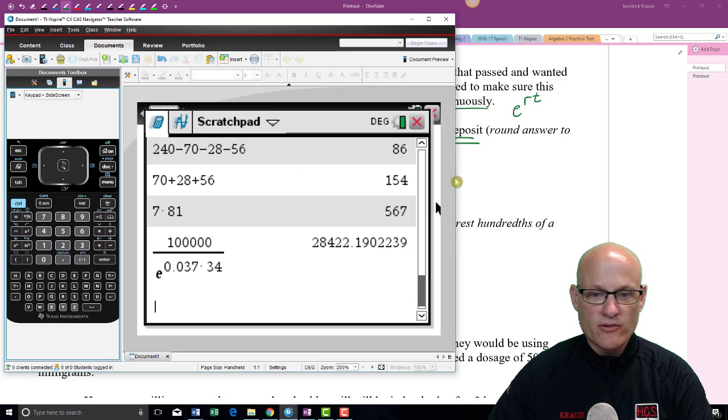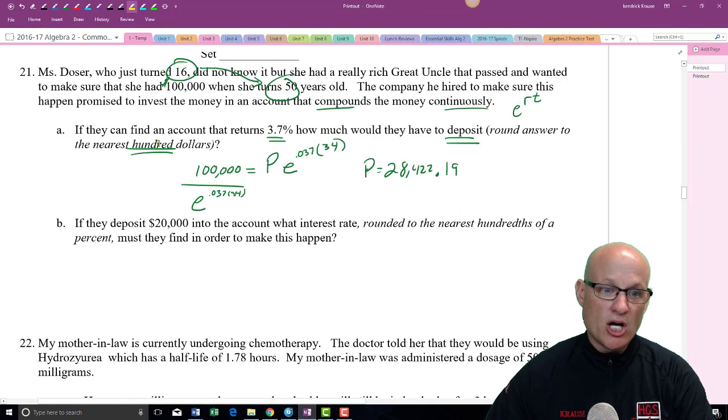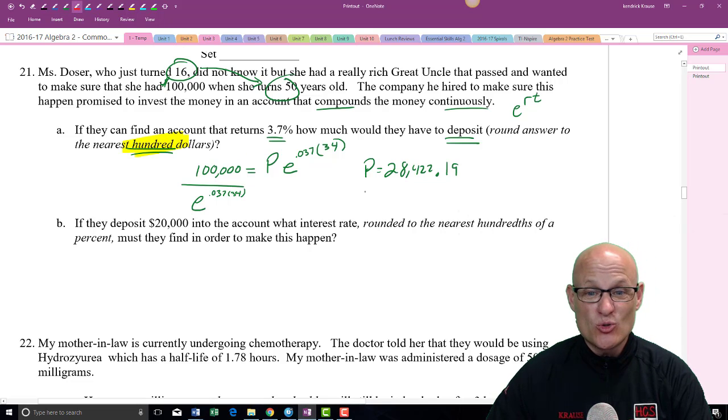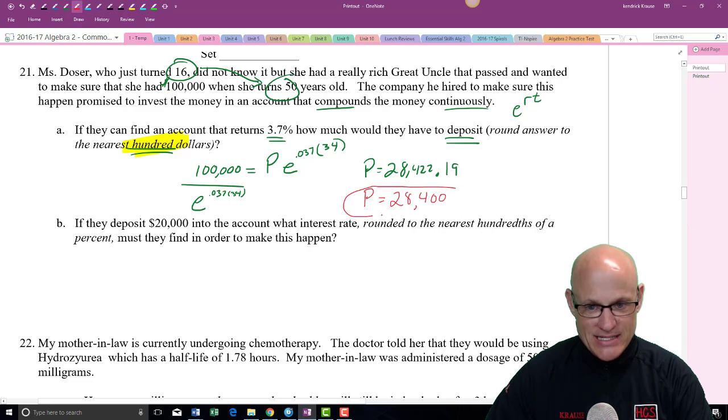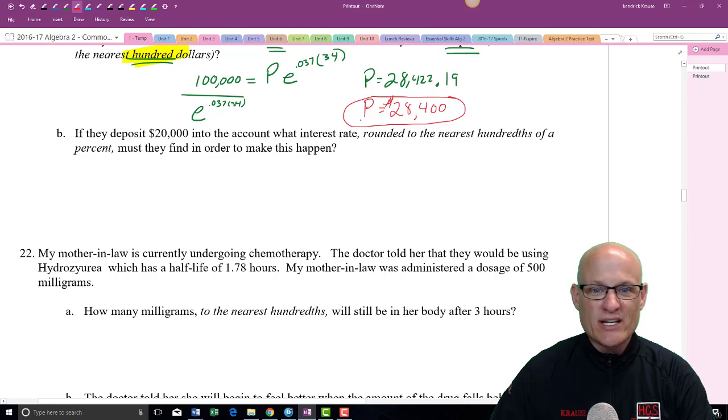And rounded to the hundreds is 19. Oh, you mean they said $100, not hundredths of dollars? Oh. So P really equals $28,400. Careful, kids, careful.